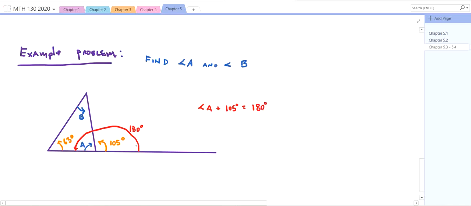We can do algebra here to find these angles. I'm going to subtract 105 off of each side, which will isolate angle A. So 180 minus 105 equals 75.